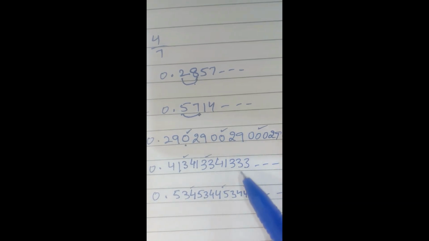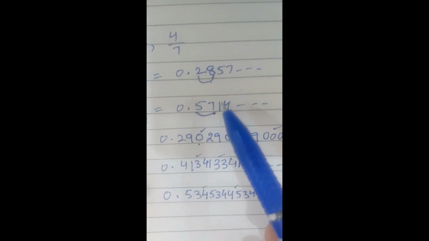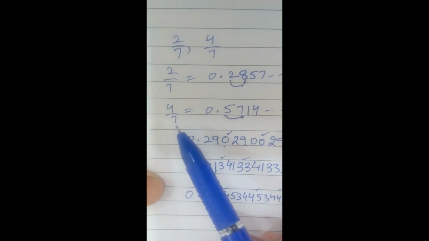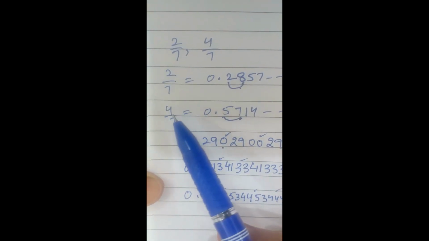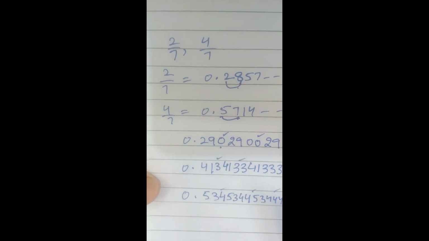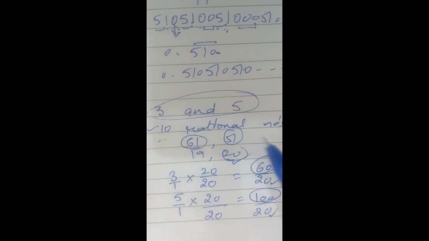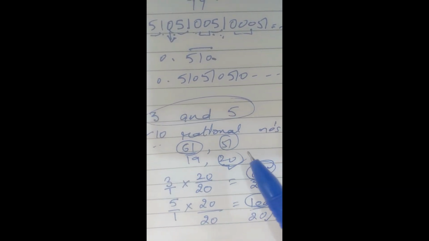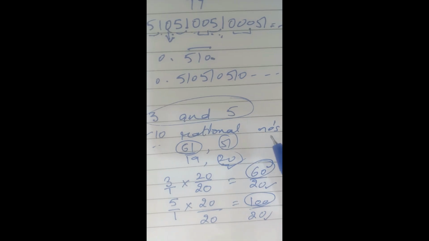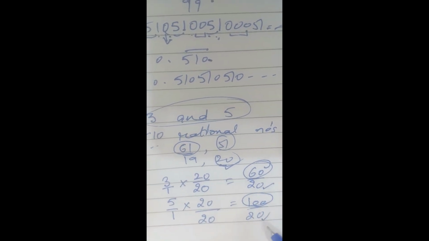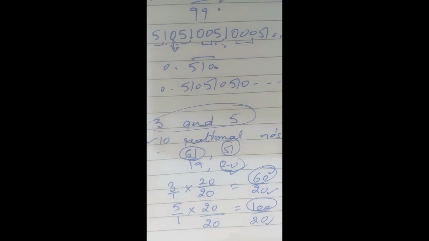So these are three irrational numbers I have written between these two rational numbers, 2 by 7 and 4 by 7. And if you have to write down rational numbers, which I discussed with you, the same method, you can choose whatever rational numbers you have to write down. Accordingly, you multiply the numerator and denominator, and then write down the rational numbers between them. Clear?